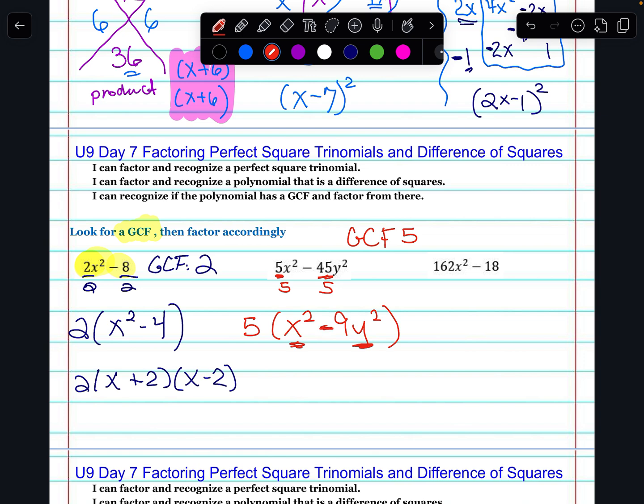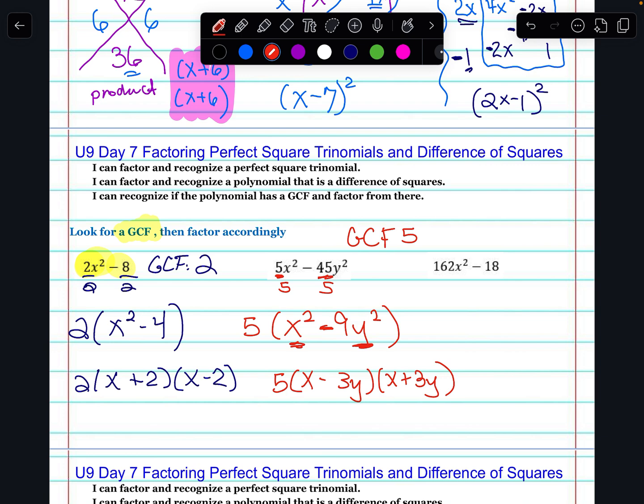So then I know that I'm going to have a 5 out in front. The square root of x squared is x. The square root of 9y squared is 3y. So I have 5 times x minus 3y and x plus 3y.